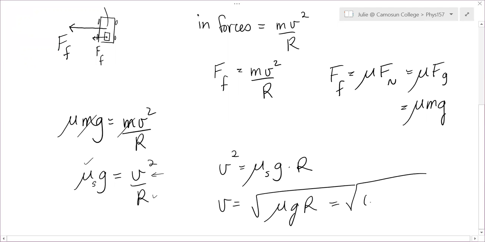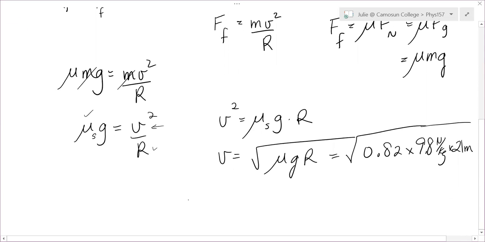So it's the square root of 0.82 times 9.8 N per kilogram times, and r here I think is 21 meters. That's times 21. And when you do that, you get that the speed, the maximum speed before slippage occurs, would be 13 meters per second.